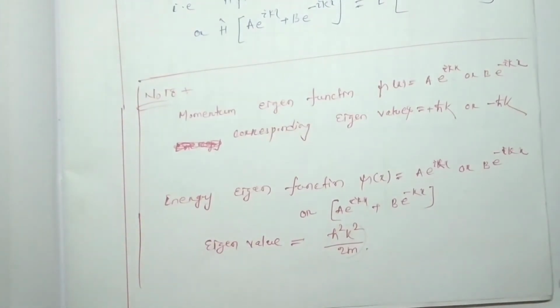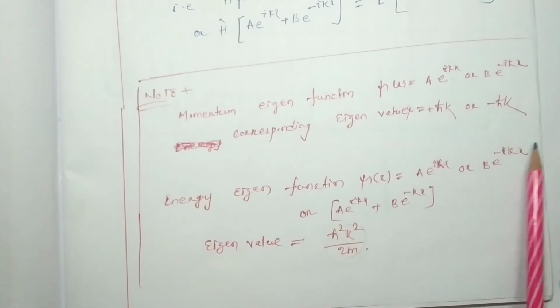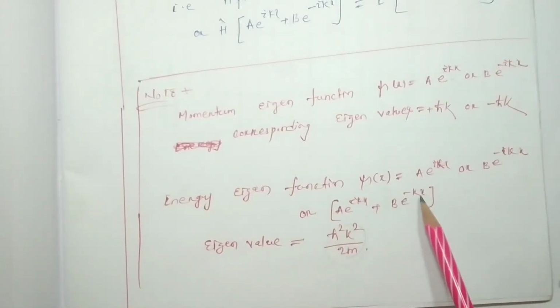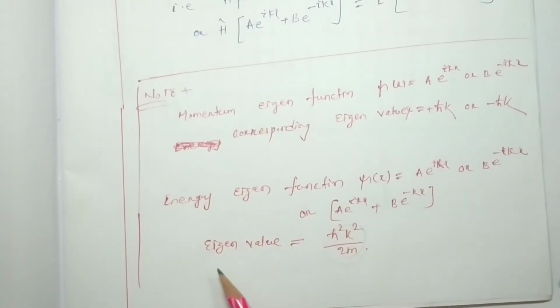The energy eigenfunction can be considered as a e to the ikx or b e to the minus ikx, or a linear combination, that is a e to the ikx plus b e to the minus ikx, also can be considered as an energy eigenfunction, and the corresponding eigenvalue is nothing but h cross square k square by 2m.